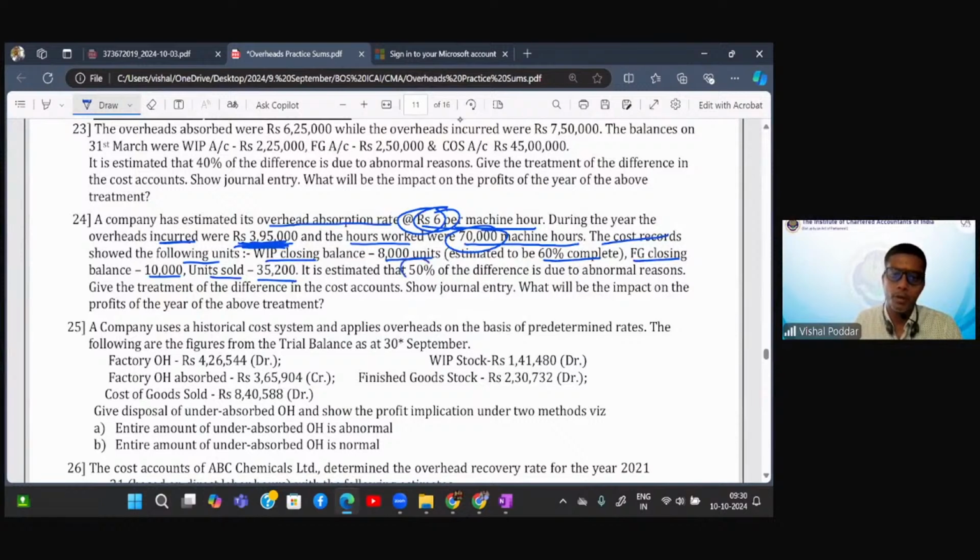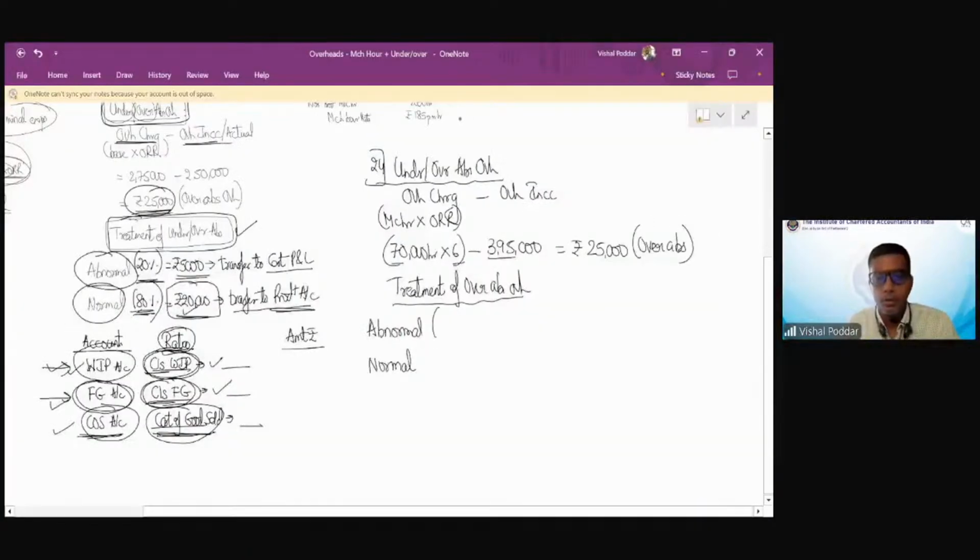Now this is important for us. 50% is due to abnormal reasons. So the balance 50% is normal. 50% comes to 12,500, for which my treatment is to transfer this to the costing P&L account.